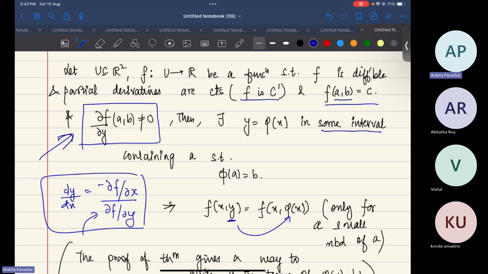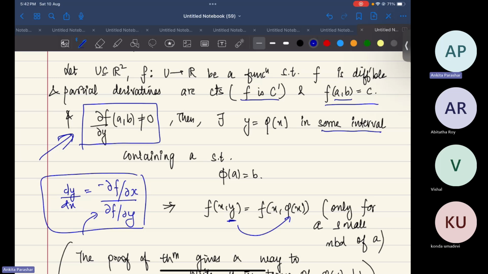That means you can write y explicitly in terms of x. But this is only true whenever the partial derivative is non-zero at a point, and we are only discussing around that interval. So suppose this partial derivative comes out to be 0.